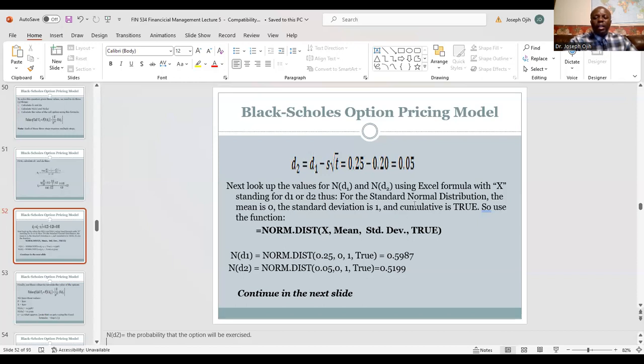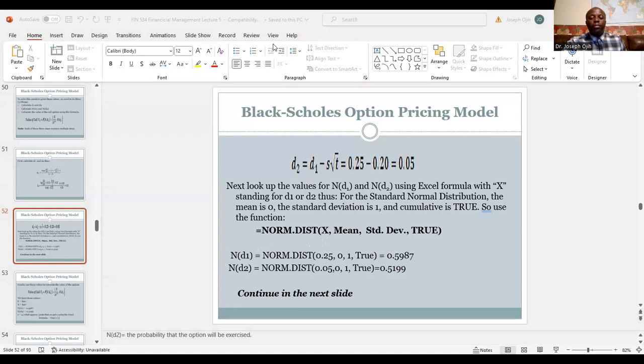What this means is that when we are looking for the values of ND1 and ND2 in Excel, we use this formula that I just mentioned. The X part of it stands for D1 and D2. We get ND1 using this formula, but here we put the value of D1. To get ND2, we use the same formula, but here we put the value of D2. So let's go and do it.